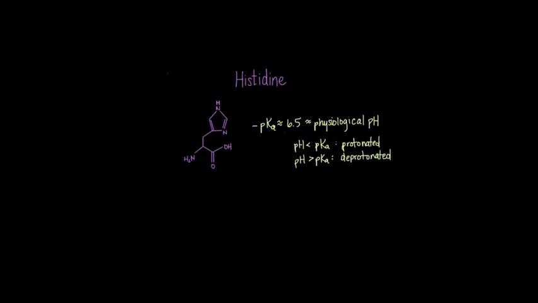Now, since the physiological pH, which is the pH of the fluid within our own bodies, is roughly equal to the pKa of histidine, then histidine is going to exist in both protonated and deprotonated forms. So this makes it a particularly useful amino acid to have at the active site of a protein, where it can both stabilize or destabilize a substrate.